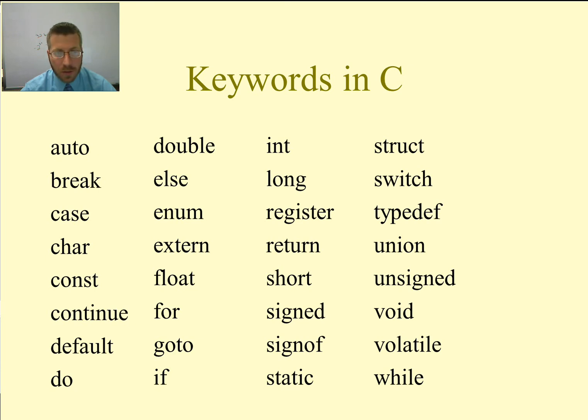You're not going to be able to use that as the name of a variable or as the name of a function. When we get to it, you won't be able to use it as the name of a structure either. So just take note of those, and whenever you're in Visual Studio and you type one of those keywords, it's going to get bolded and turn blue. I'll show you that today when we write our code in just a little bit.